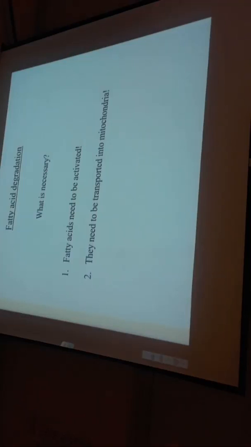So let's first take a look at the activation of the fatty acids. So we link them to coenzyme A to form these fatty acyl-CoAs. Okay? And this actually happens at the outer side of the outer mitochondrial membrane, actually. Okay?